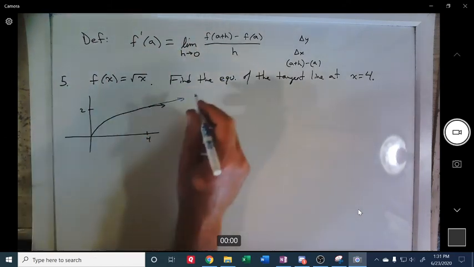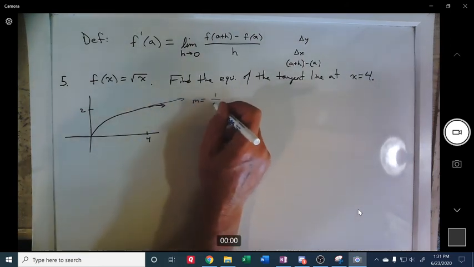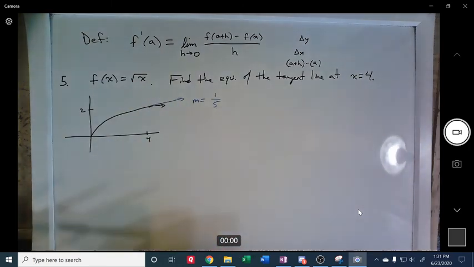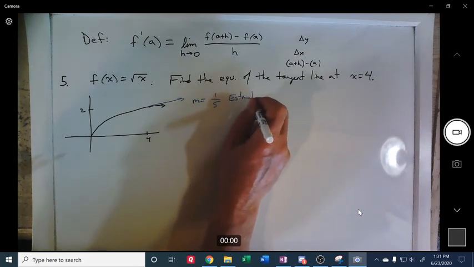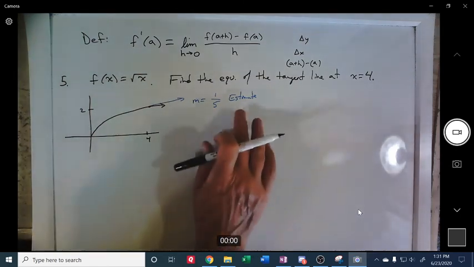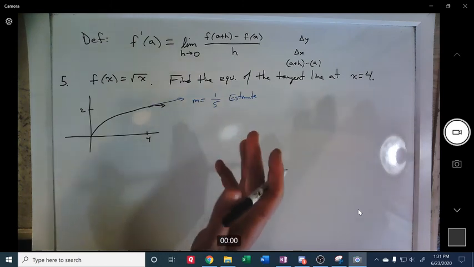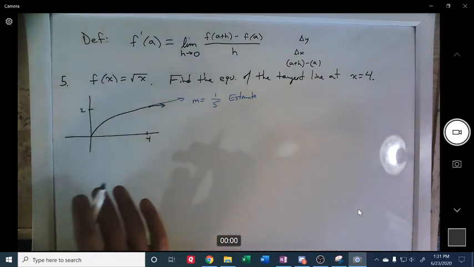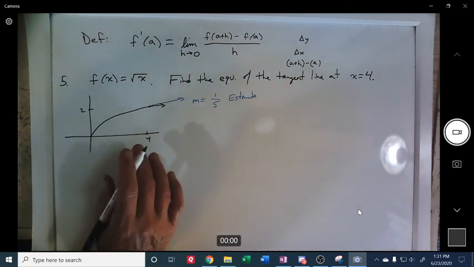I'm going to get m equals some fraction, I don't know, 1/5 or something like this. Rise 1, run 5. This is my estimate. Now, I could refine my estimate by going interval 4, 4.001, something like this, but I don't have enough time to do that. Let's just go right into the exact slope.